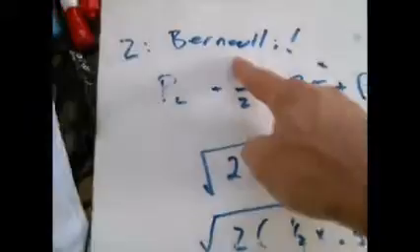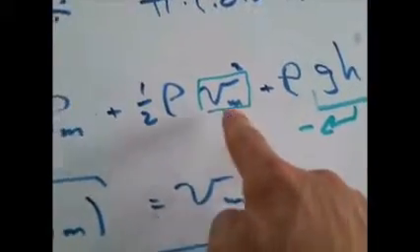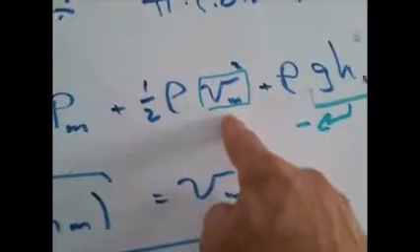Now that we have the velocity in one section of the pipe, we can use Bernoulli to get the velocity in any other part of the pipe. And in this particular question, we're going to end up getting the velocity in the middle section, where it is in fact constricted.